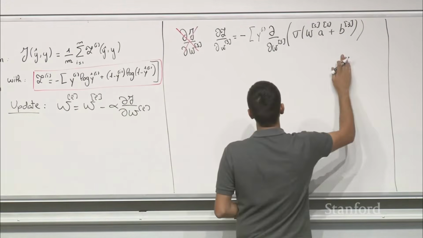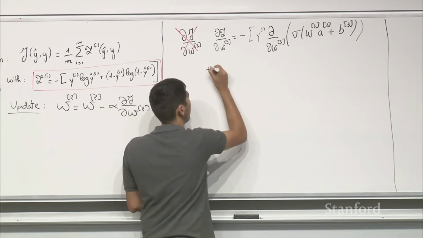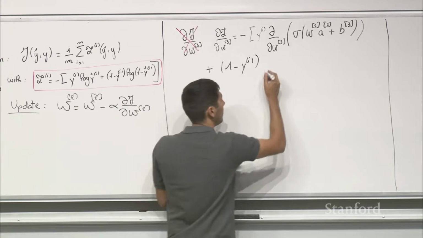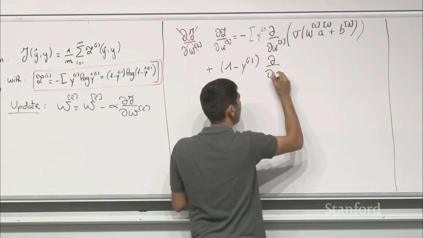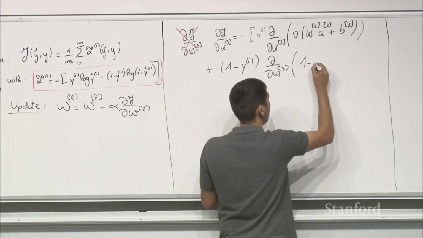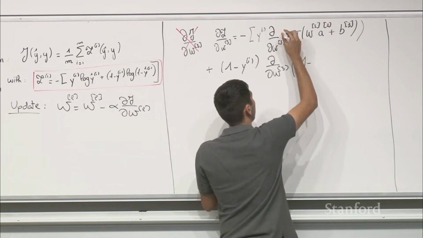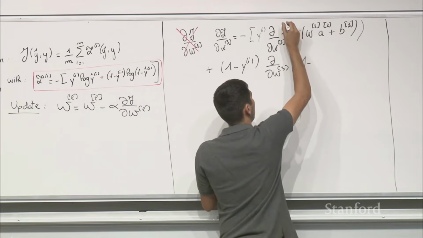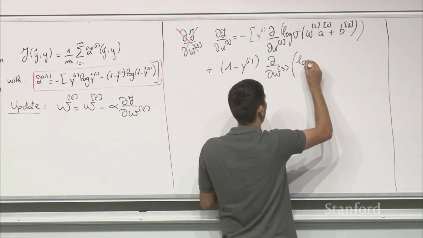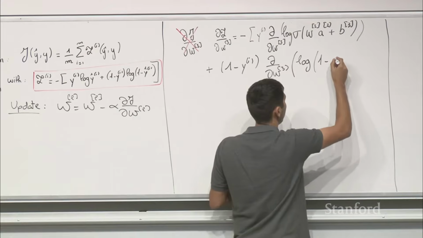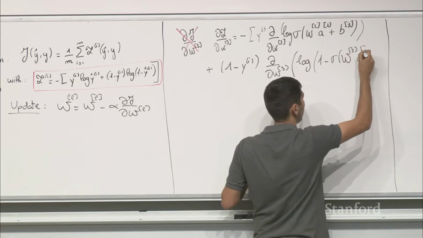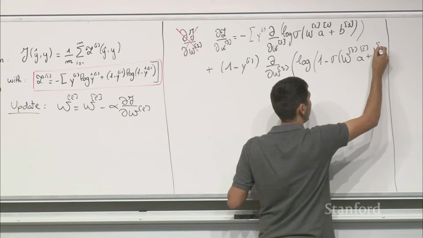So we have this term, and then we have the second term, which is plus 1 minus yi times the derivative with respect to W3 of, oh sorry, I forgot the logarithm here, log of 1 minus sigmoid of W3 A2 plus B3.